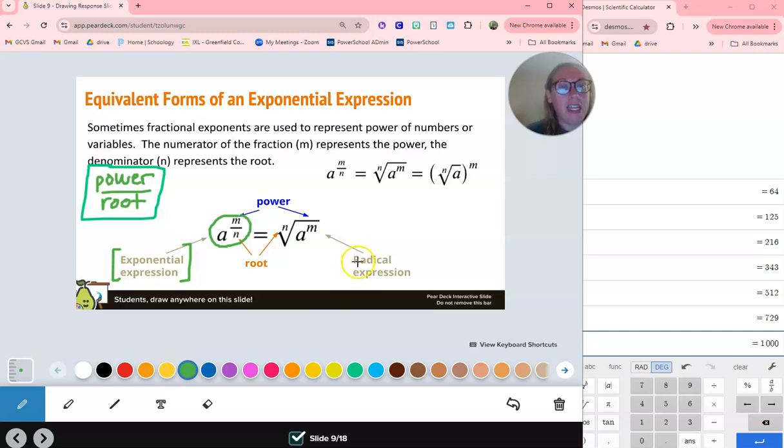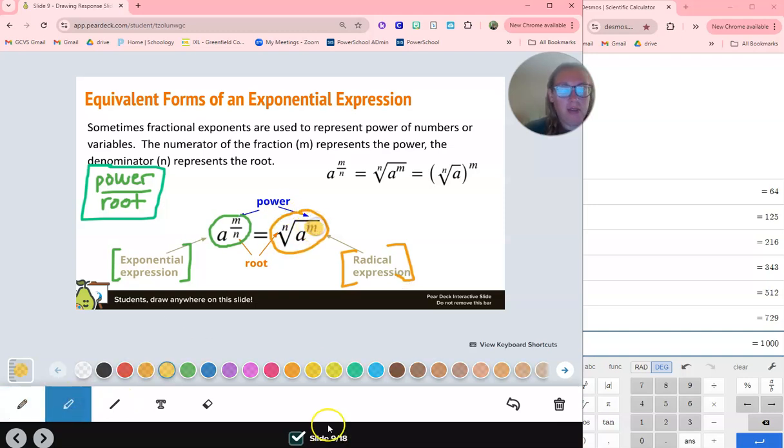When we're rewriting it as a radical expression on the right, notice our power became m and our root is n. So these are the two different ways that we can write an exponential expression. We can write it as an exponent or we can write it as a radical. Okay? And we're going to practice a bunch of doing these two different methods, starting off on slide 10.